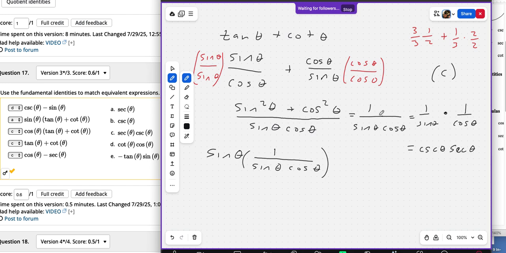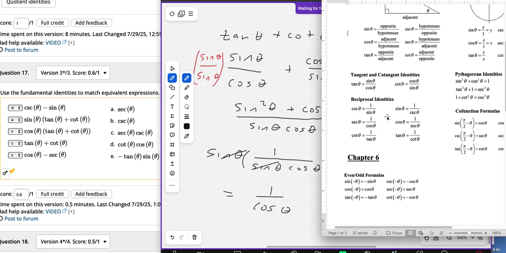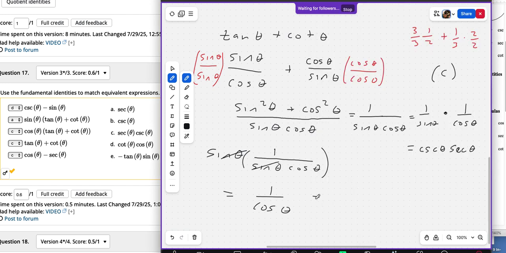The reason I picked this spot is because it's pretty simplified, but still in terms of sine and cosine. And because of this one out front here, it helps me see that I'm going to be able to cancel. So that seemed like the spot to make that substitution. And that leaves me 1 over cosine theta. And again, 1 over cosine theta is secant theta. And so that one should be A.